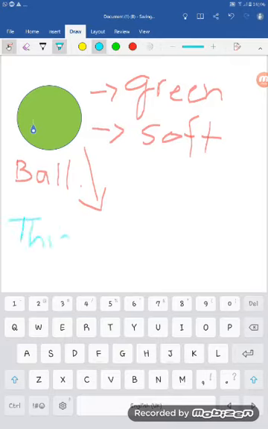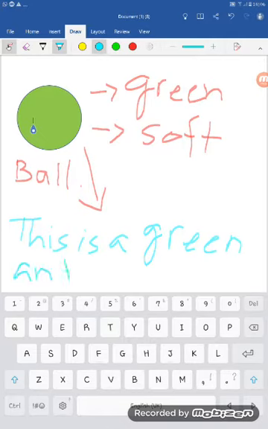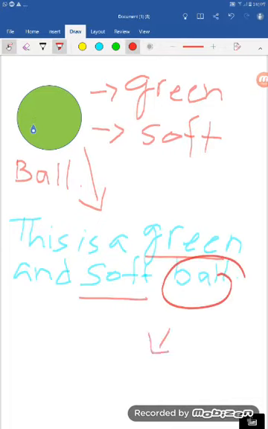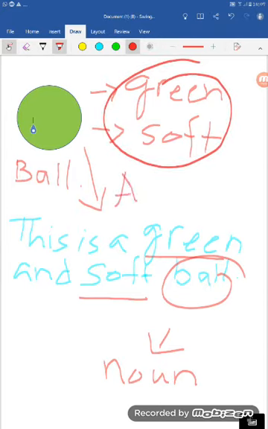This is a green and soft ball. Okay, so the green and soft are actually describing the noun here. So green and soft are adjectives here.